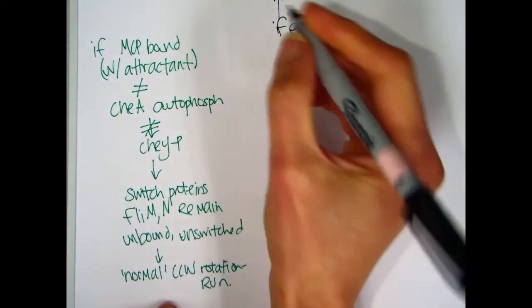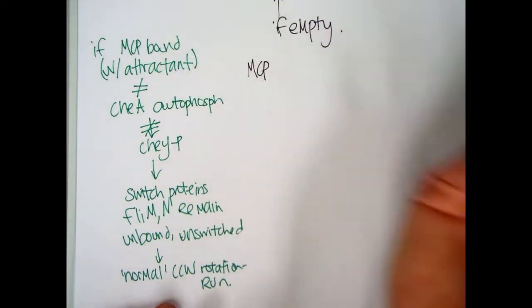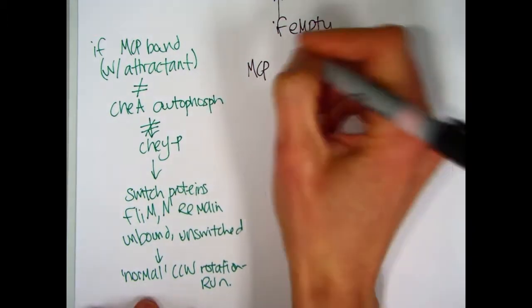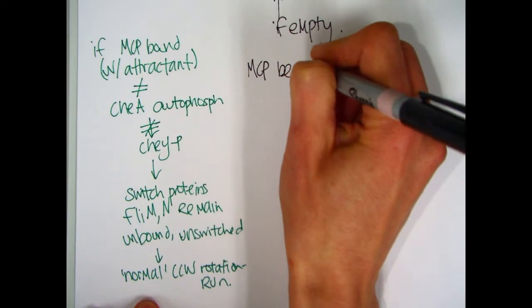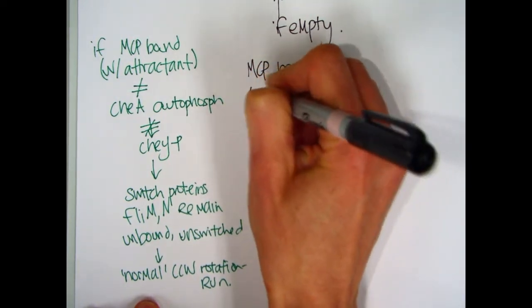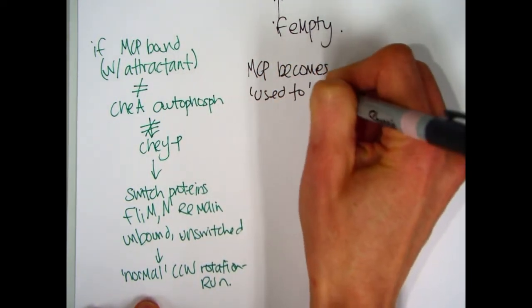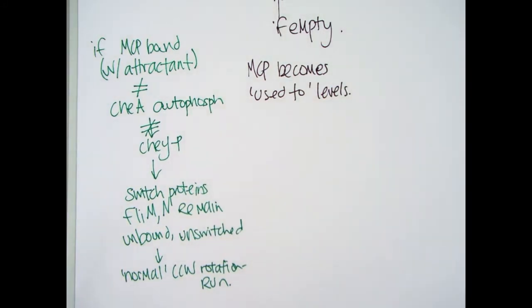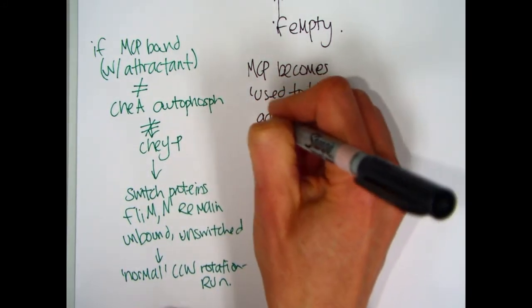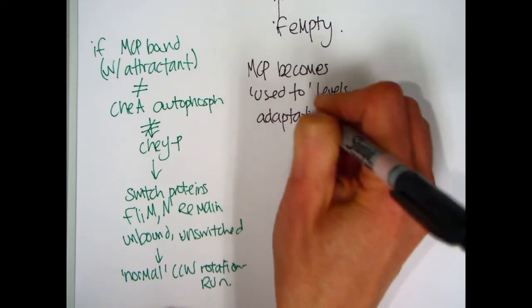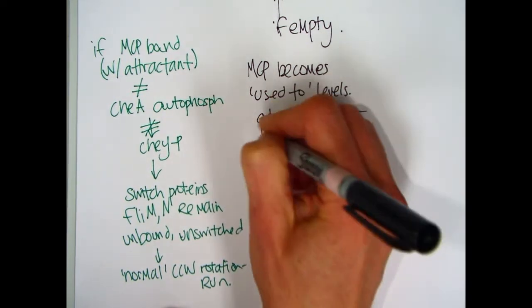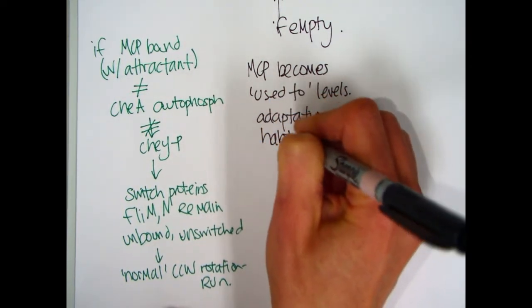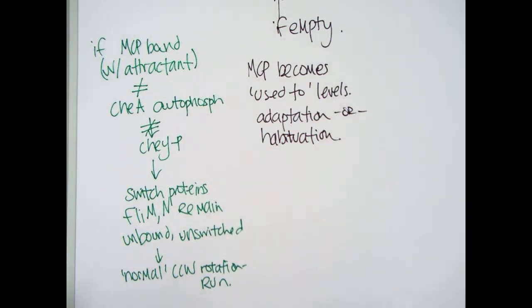So where the MCP, or really any different receptor protein, becomes used to the levels of the thing that it's binding, that is called adaptation or habituation.